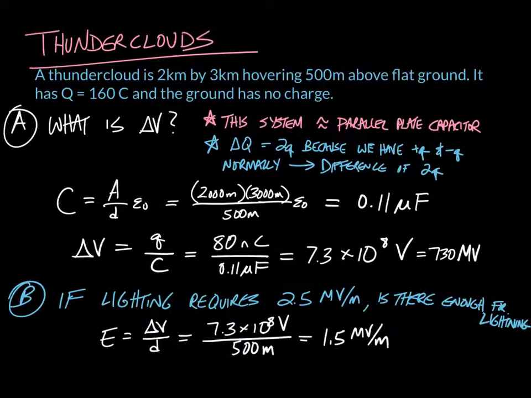Need more charge to get there, or a bigger voltage rather. So no lightning in this case, but we were able to model a thundercloud as a capacitor, and know whether or not lightning was an issue. So my hunch is that this is something that meteorologists could determine, and therefore issue weather alerts, and be aware of various things. Yes, for the meteorologist.